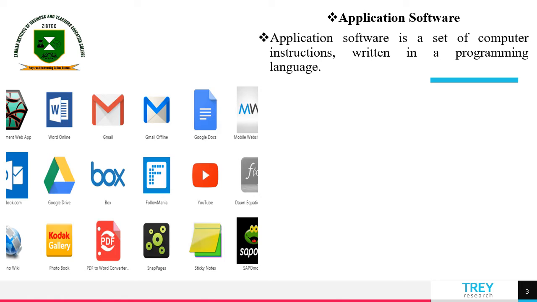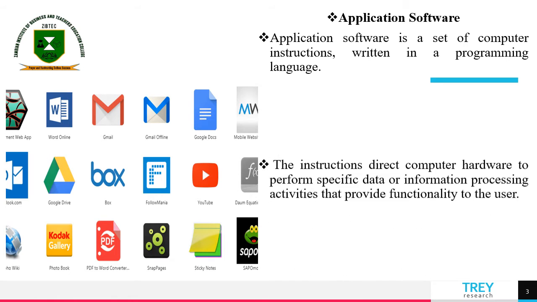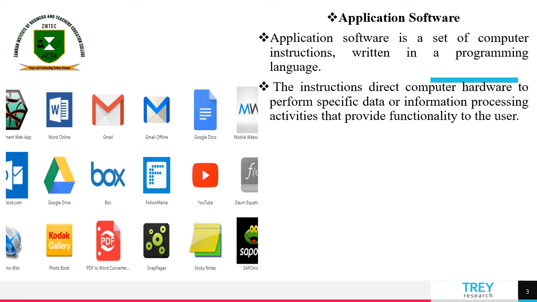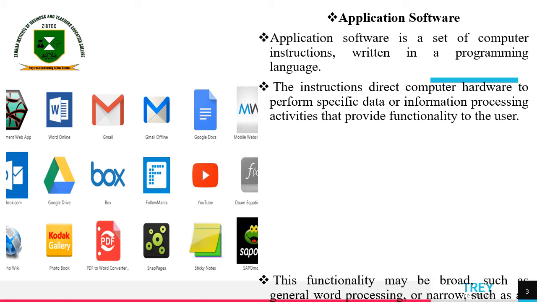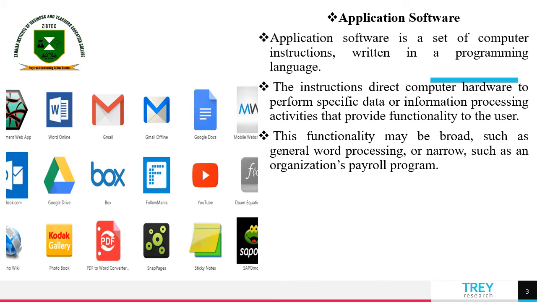A set of instructions, meaning it has instructions assigned for it to do specific tasks. The instructions direct computer hardware to perform specific data or information processing activities that provide functionality to the user. This functionality may be broad, such as general word processing, or narrow, such as an organization's spell checker.